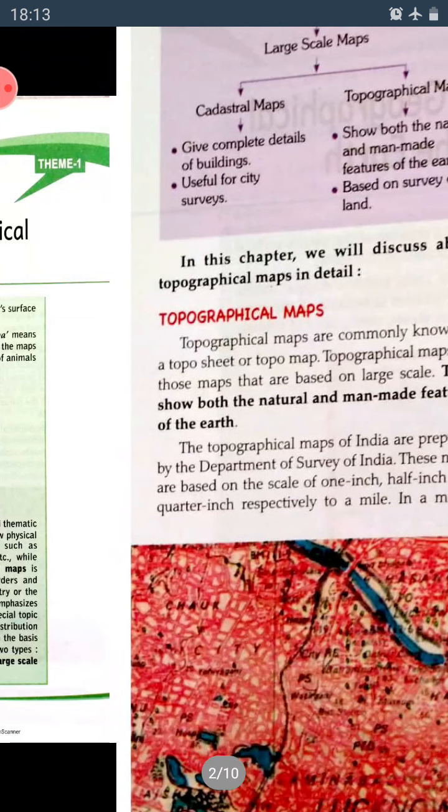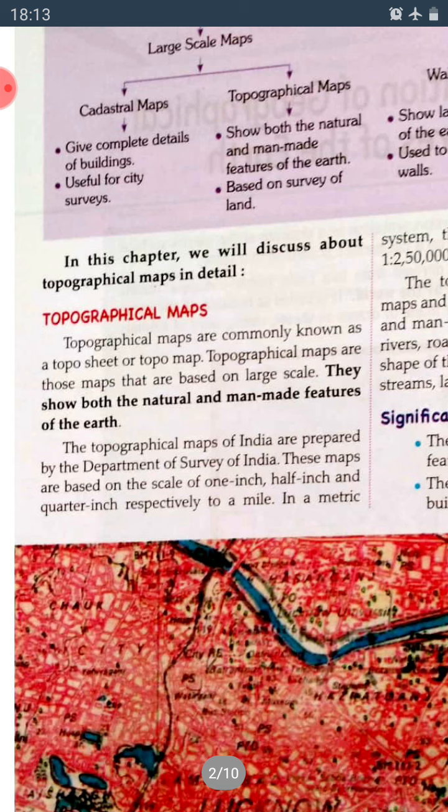Now I told you about the topographic map. A topographic map is a large scale map which shows a small area in great detail.